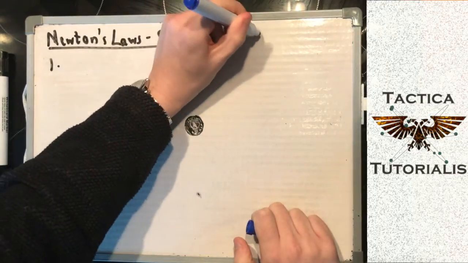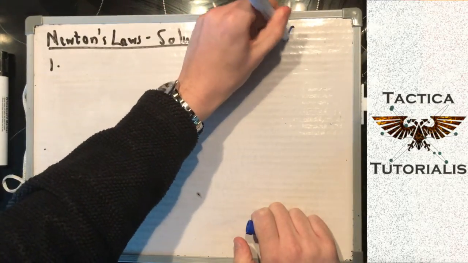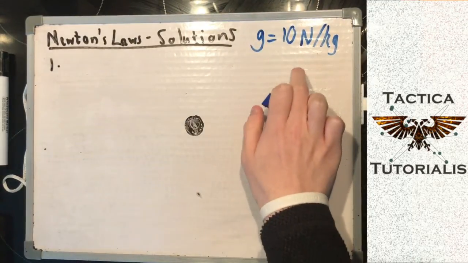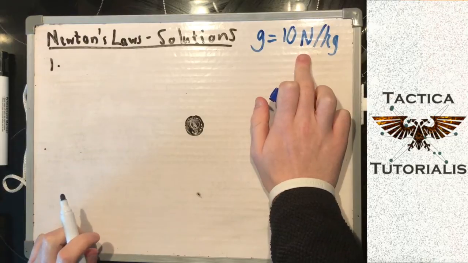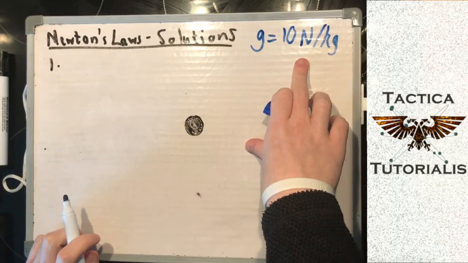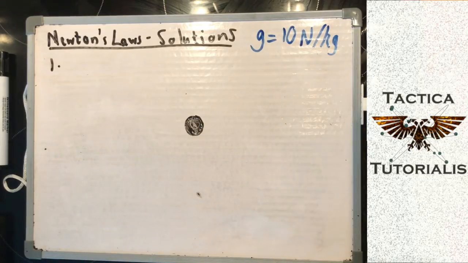Now, those of you who are GCSE students, this is not normal. This is what you'll do in Key Stage 3 quite often, but at Key Stage 4, we generally will use 9.8, and at A-level you'll get to 9.81. We get more and more accurate as we go.